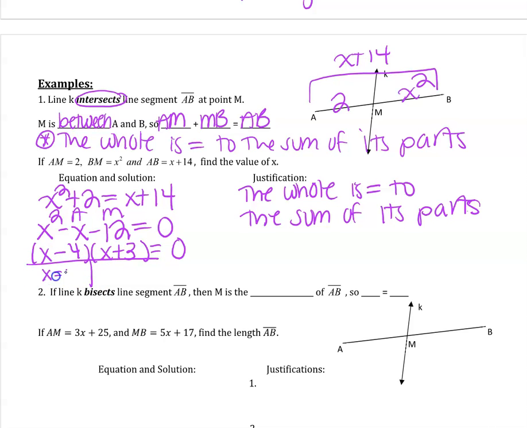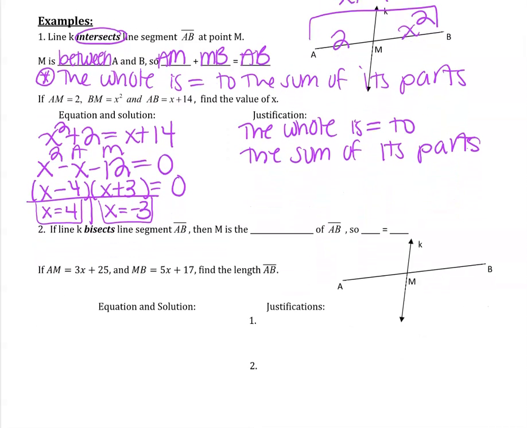And I'm getting x to equal 4 and x to equal negative 3. Both of these solutions work, meaning they don't cause any distances to be negative. If you plug negative 3 back in for x, the whole distance would still be a positive 11, and negative 3 squared is a positive 9, so your distance is still positive. So this actually has 2 solutions.